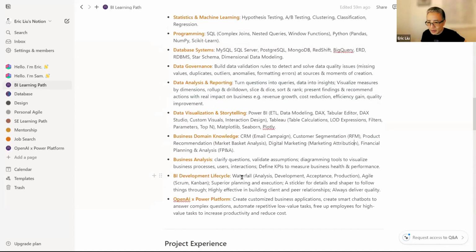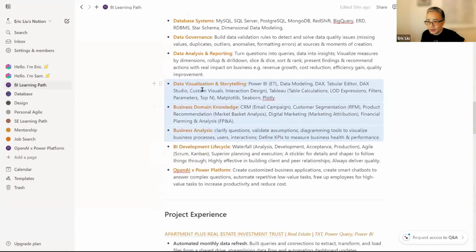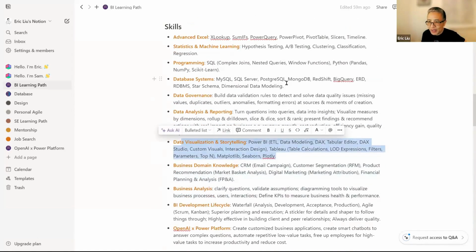And some of them are about business. These are business. And some of it is actually communication. So this is data visualization storytelling. So the one best way to show people your professional range is you can combine your business domain knowledge, your data skill, and also your visual storytelling skills to your advantage.